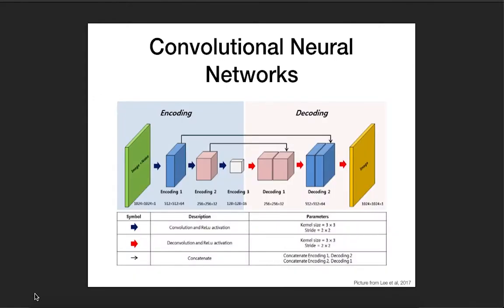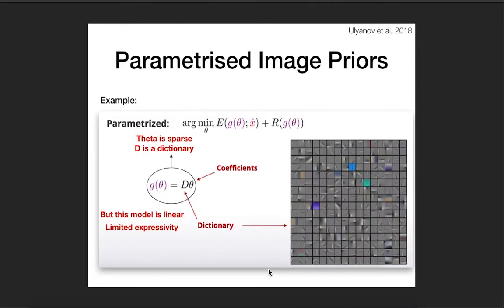So one way we can do this is using CNNs. If we assume that our g is a CNN, we know that CNNs have very good expressive capabilities. For example, I want to manipulate my theta, which was the sparse codes in the previous case.